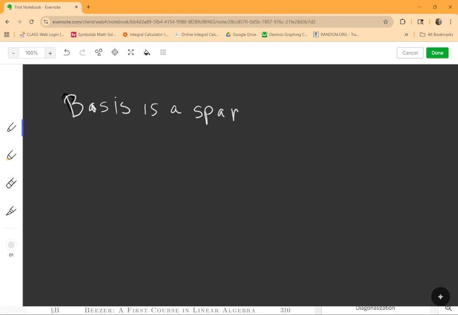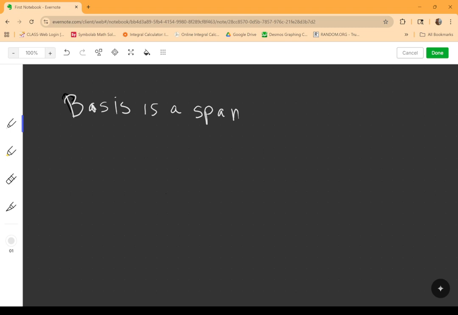A basis is a spanning set, and it is linearly independent. Okay, so it has to satisfy both of those conditions.